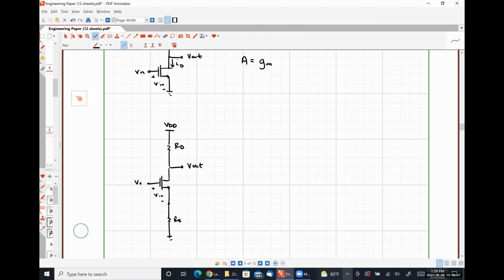So, as Vin goes up, let's quantify this guy right here. Here's our, sorry, I keep writing C, drain current, right? So as Vin goes up, what happens to ID? Does it go up or does it go down?